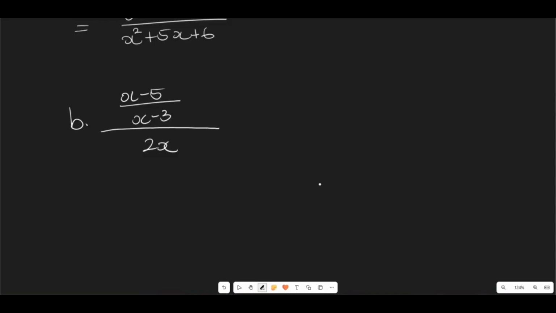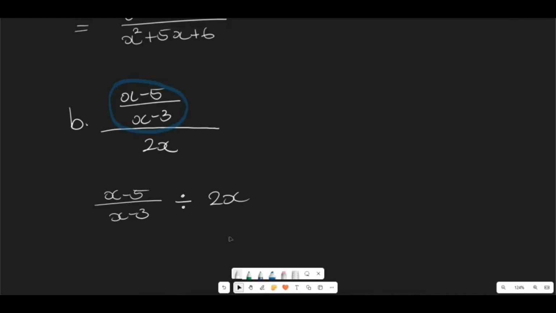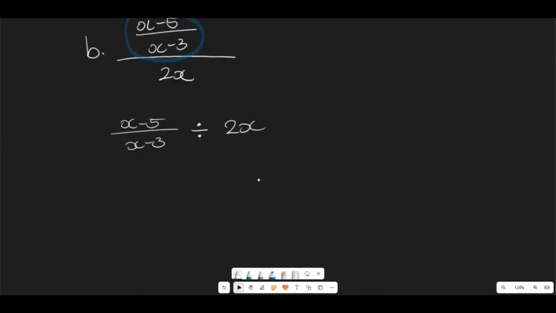So I want you guys to notice that this is the numerator. So we can rewrite this whole thing as x minus 5 divided by x minus 3, and this whole thing is being divided by just the 2x. It's not being divided by 1 over 2x. It's being divided just by 2x, right? Please make sure you do not make that mistake.